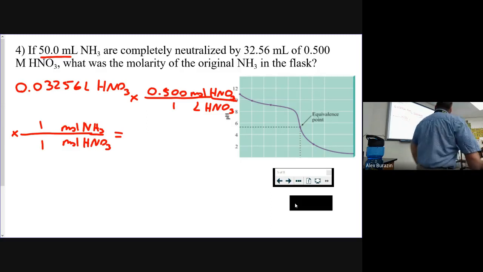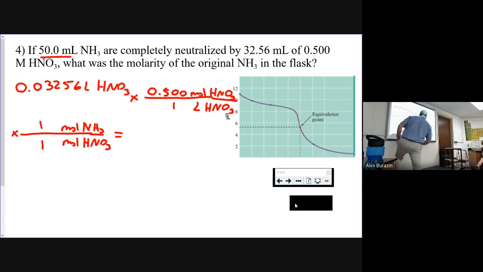So we've got what we need. How many moles of base do we end up with here? Did you do it? Just waiting for you to write this. Excellent. Yeah, that's what I got. 0.0163?